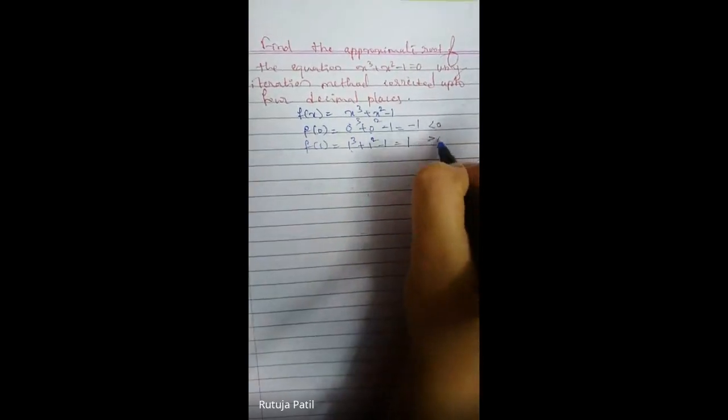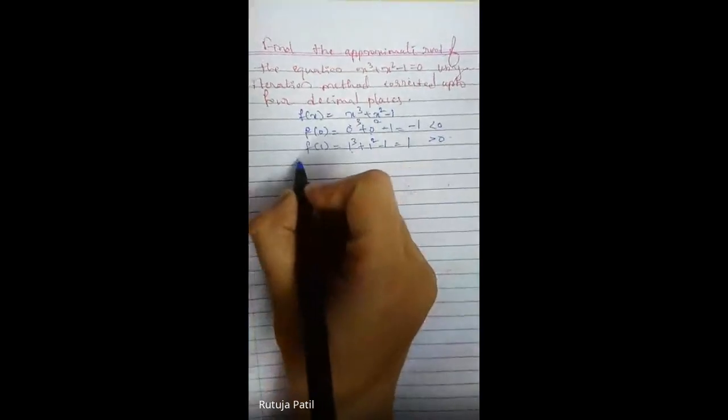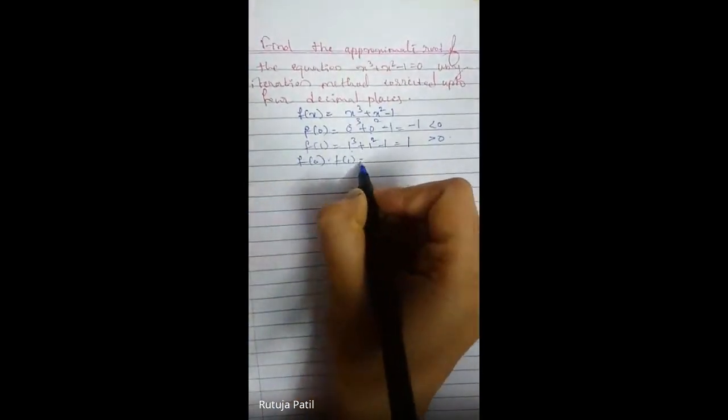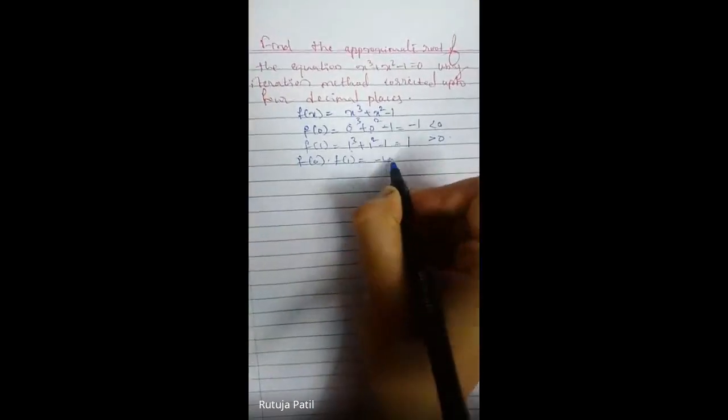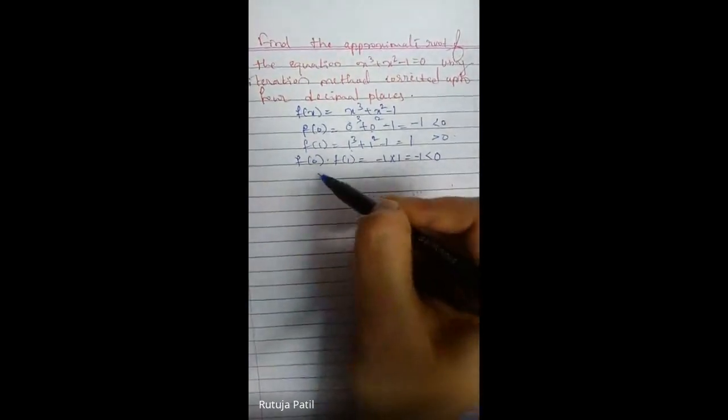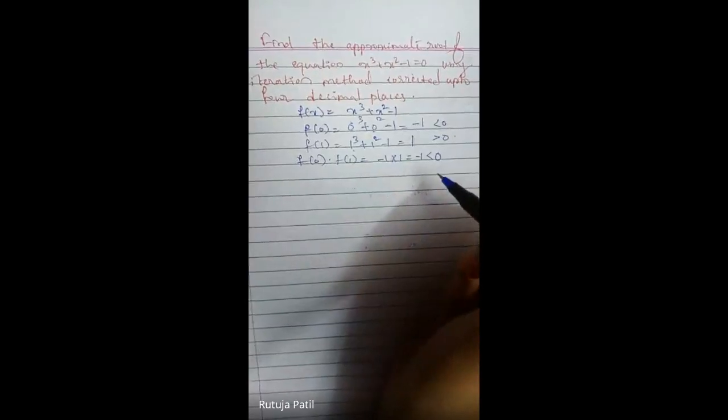See, since we got one negative value and one positive value, now I can multiply f of 0 and f of 1. So f of 0 is minus 1, f of 1 is 1, so the product is minus 1, which is less than 0. Right? Since this condition is satisfied, what can we say?